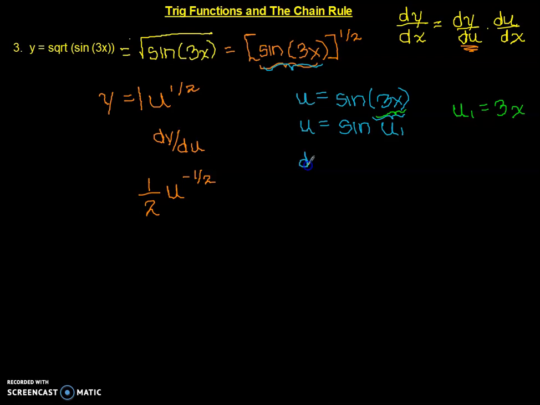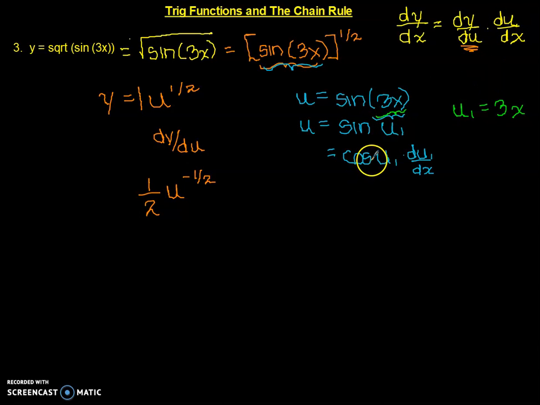What's the derivative of u with respect to x is what we want to know. Well, we're going to have to take a sidebar and derive this. So the derivative of sine u sub 1 is cosine u sub 1, but times du sub 1 over dx. So again, remember how it's times du over dx?